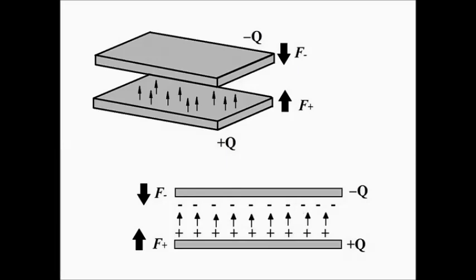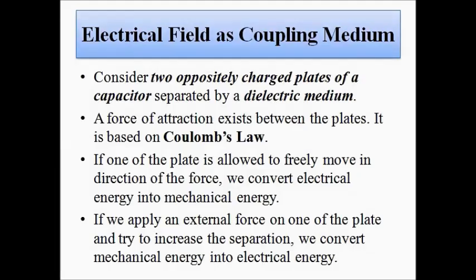Okay, so in a way we are converting electrical energy into mechanical energy when we keep one of the plates fixed and the other one movable. So by Coulomb's law, the movable plate will be free to move either towards the plate or away from the plate. So by this we are converting electrical energy into mechanical energy.